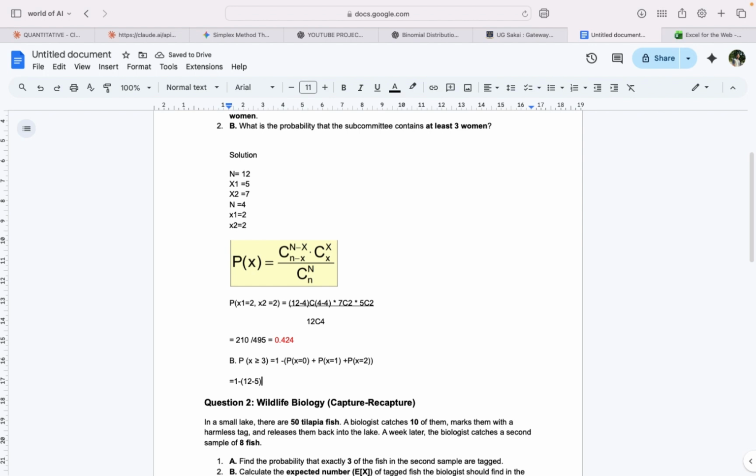So 5 women. So the combination of lawyers before are selected, right? So we have 4 minus 0. So here is 0. And this multiplies the success, right?